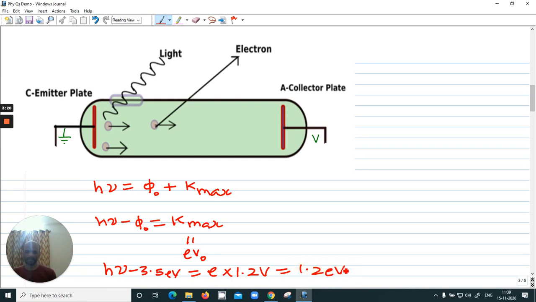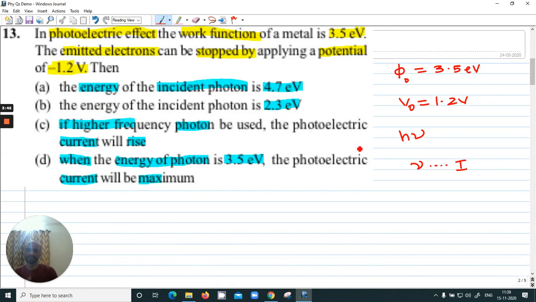When an electron passes through a potential of 1 volt, it acquires the energy of 1 electron volt. So here the electron overcomes a potential of 1.2 volts, so its energy is 1.2 electron volts. From this we get the energy of the incident photon as 3.5 plus 1.2, that is 4.7 electron volts. Option A says that the energy of incident photon is 4.7 electron volts, so it is correct.